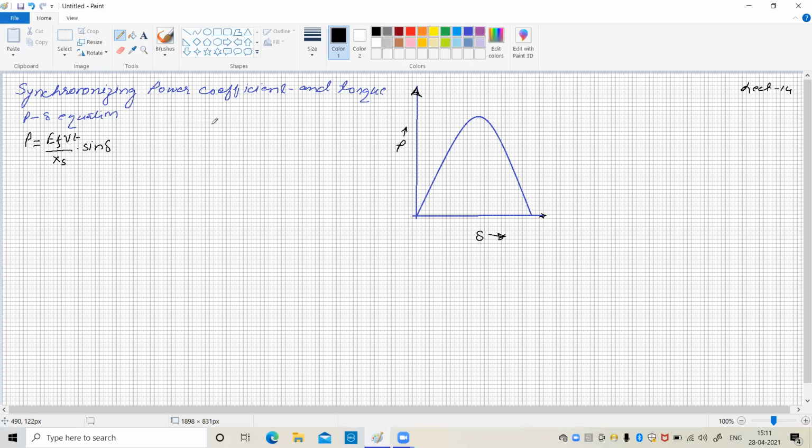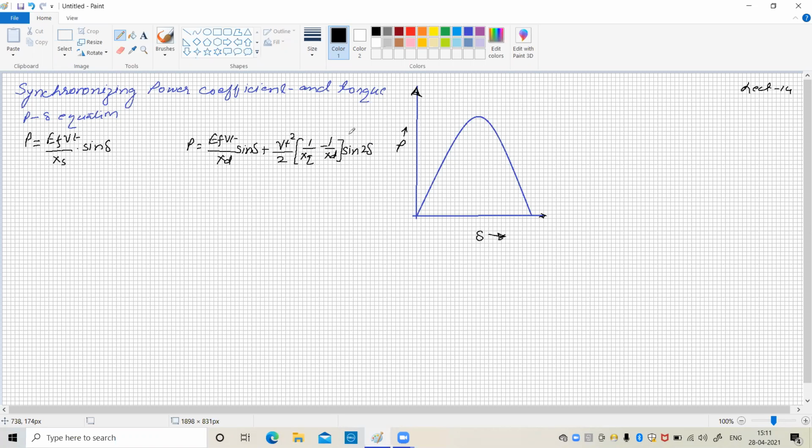Whereas for the non-cylindrical machine, that is the salient pole machine, the power angle characteristic is P equal to EF Vt upon Xd, direct axis reactance, into sine delta plus Vt square upon 2 into bracket 1 upon Xq minus 1 upon Xd into sine twice delta. So the equation and its characteristic we have already discussed.